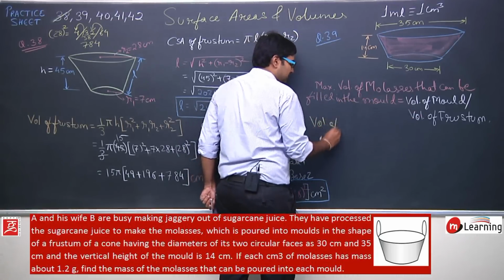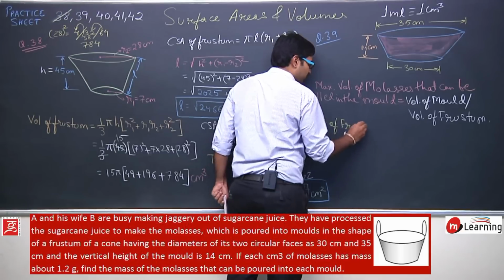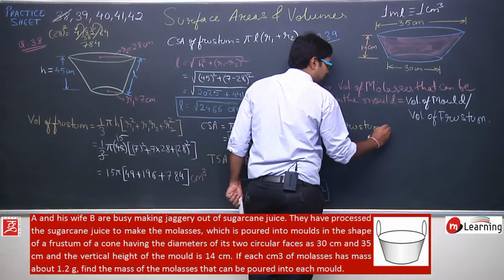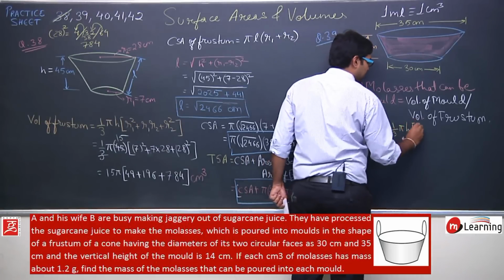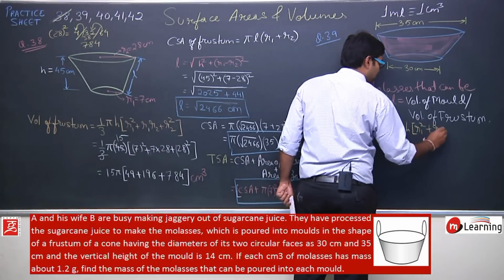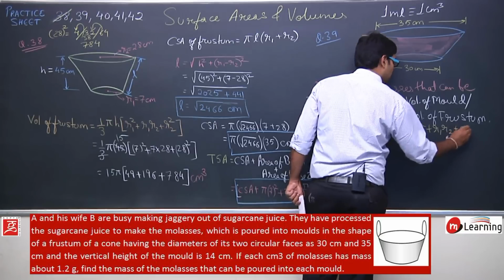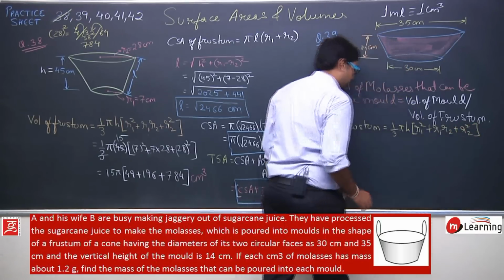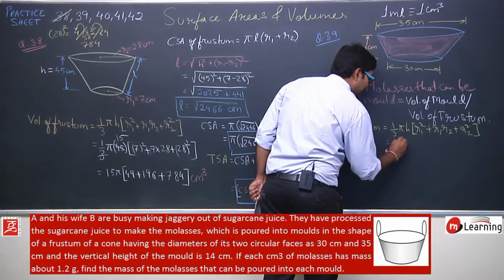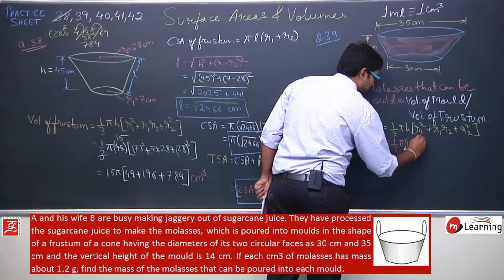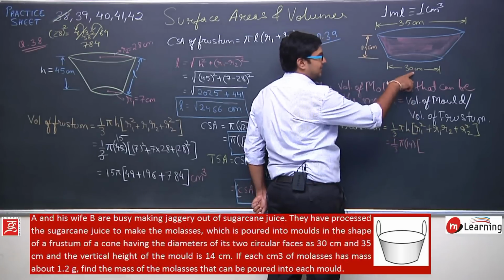What is meant by the volume of frustum? It is 1 upon 3 pi h (r1 square plus r1 r2 plus r2 square). So this will give you 1 upon 3 pi, h is 14, (r1 square... Now what is radius 1?